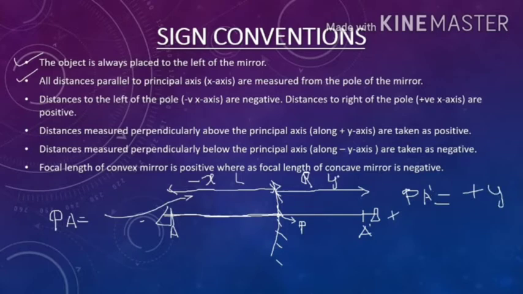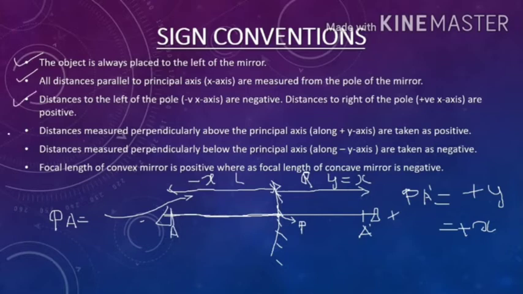Let this y be also x, so it becomes plus x. If we measure it from the left side, it is minus x, and if we measure it from the right side, it is positive x. So the third one is completed.